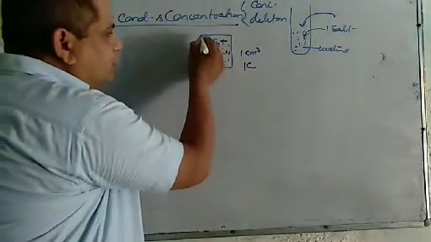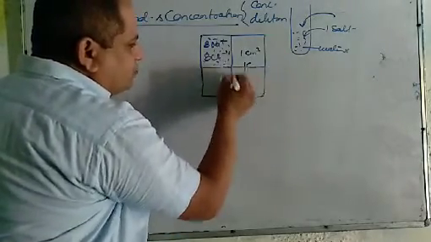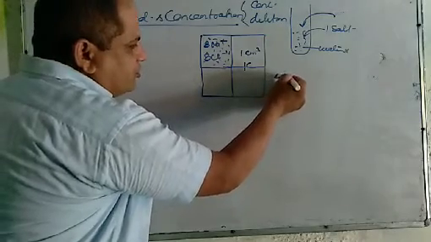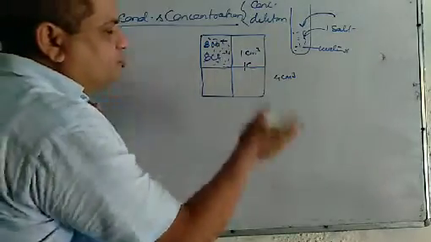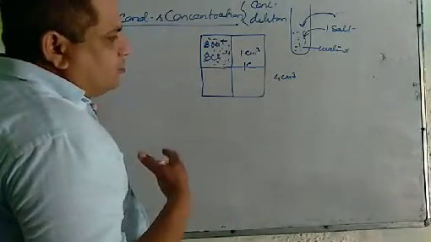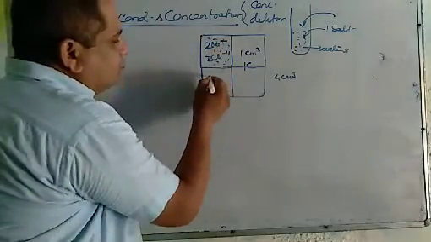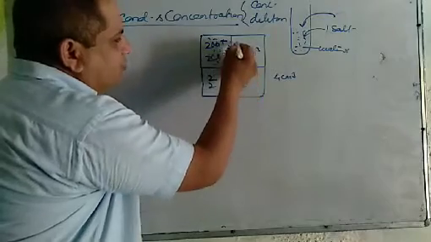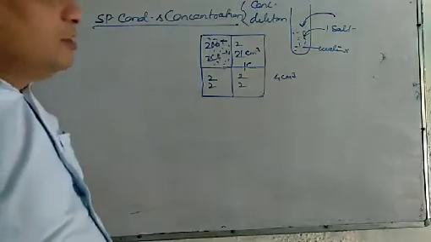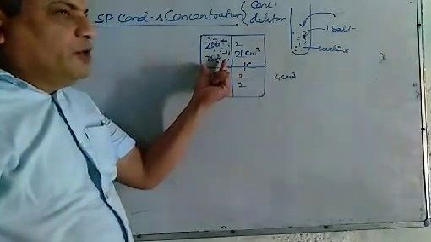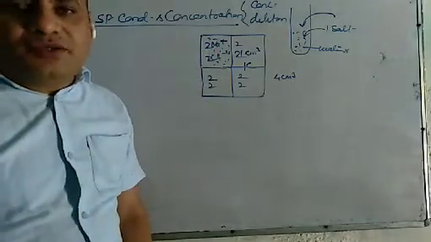But if you increase its dilution up to 4 times, suppose it becomes 4 centimeter cube. Now the ions are distributed in whole solution. Definitely this will be 2 Na, 2 Cl minus in each unit. At this condition, the unit volume of electrolytic solution contains 2 Na plus and 2 Cl minus.